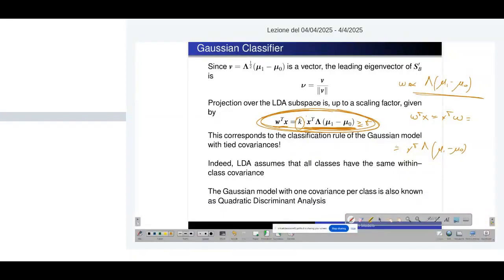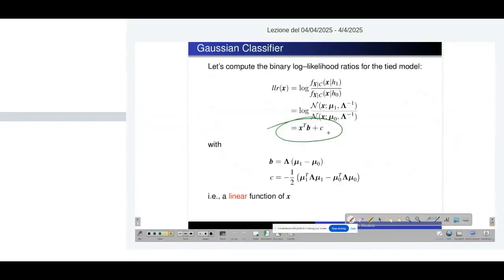Now, if you look at this term here, it looks the same as the B term that we have for the log-likelihood ratio for the tied model. What does it tell us? It tells us that the kind of decision surface, remember that the decision surface then depends on the threshold that we used. For LDA, we said, okay, let's project over the LDA direction, and then we will see how to find a threshold. So we left free the choice of the threshold. We didn't analyze how to choose the threshold.